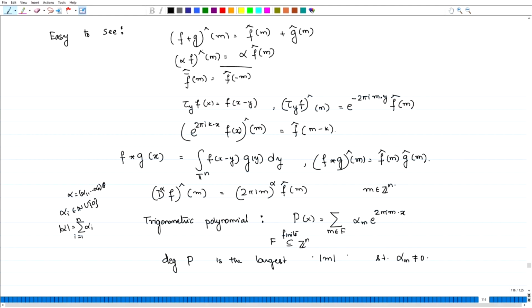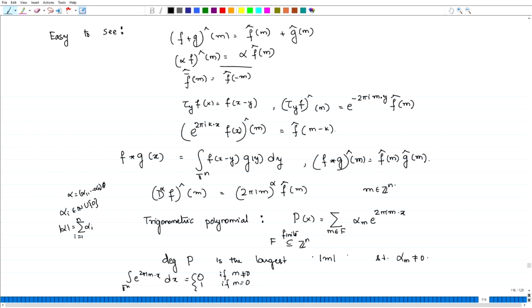One of the most fundamental properties that we have seen is that the integral over T^n of e to the power 2 pi i m dot x dx is equal to 0 if m is not equal to 0, and equal to 1 if m is equal to 0.